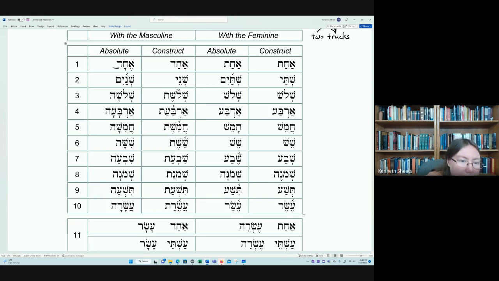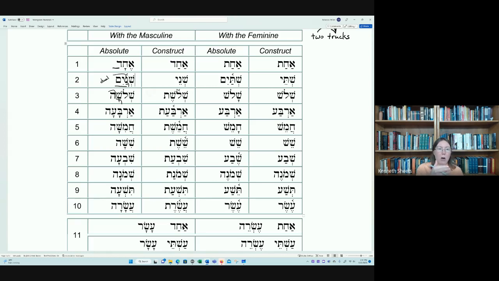Then you come on down to number 2, and you can see shenayim, which has that ayim ending, which we would anticipate on a dual, and that fits here, dual 2, which is exactly what we see. But then we come on down to 3, and you can see shalosha. And all of a sudden, we have an ah ending, which is what we would anticipate if we were dealing with an adjective that were modifying a feminine noun.